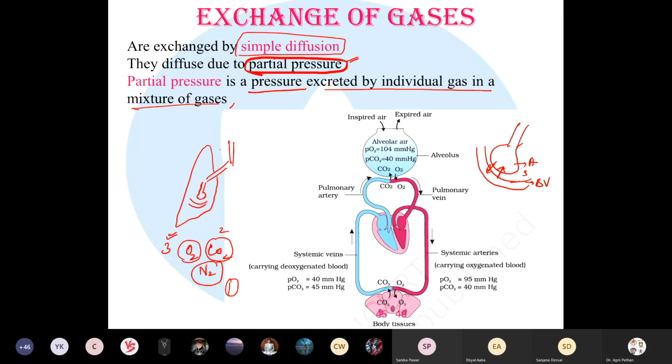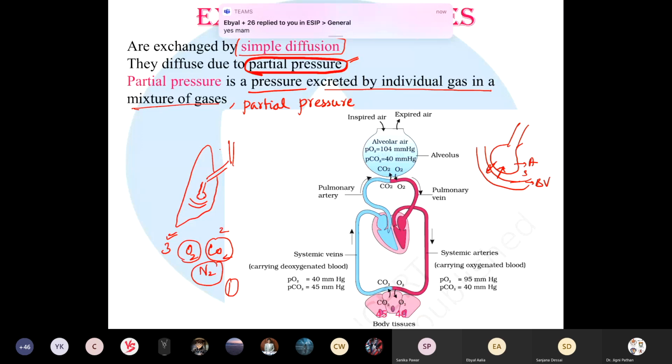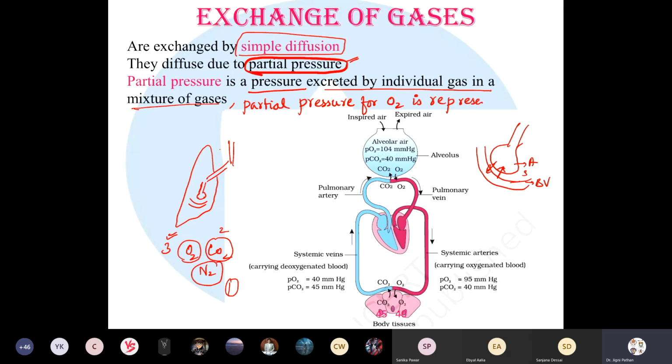Now, partial pressure for oxygen is represented by PO2, and for carbon dioxide is PCO2. This is how you represent the partial pressure.